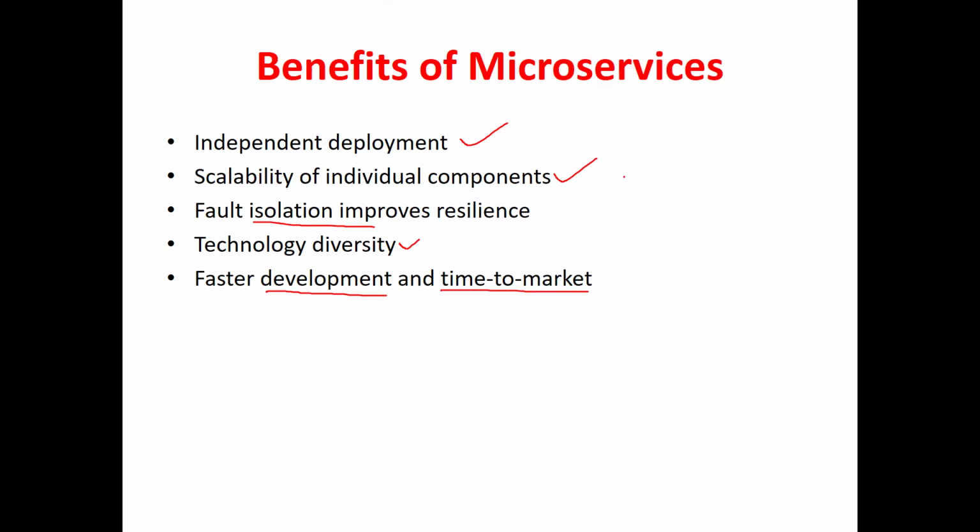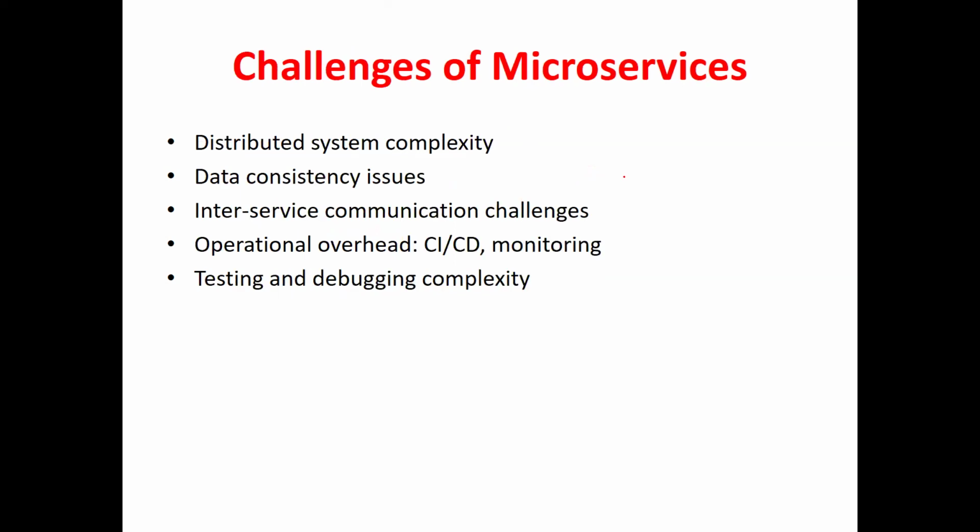But coming to challenges, distributed system complexity. When you are dividing a single project into multiple granular-level projects, managing communication is a big challenge. And data consistency issues also we have. We should store data properly in every database.